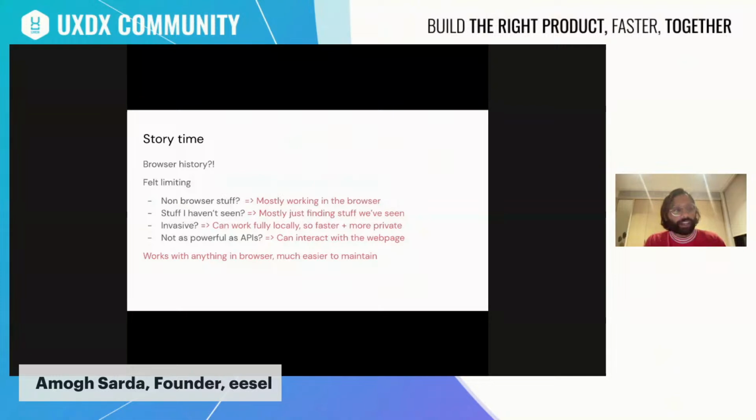things like that. And we realized that working fully locally is possible if we're inside the browser, because we're not plugging in with any APIs or anything, and we're just using a browser history. We can store everything locally, and that's more private and more secure than APIs, and it's even faster as well because everything is local.